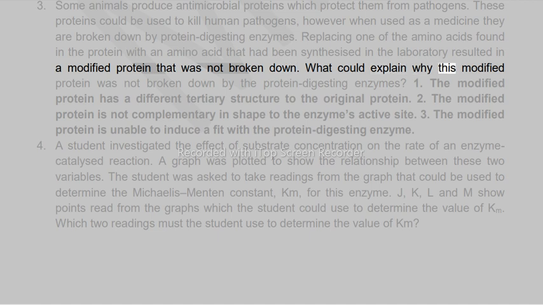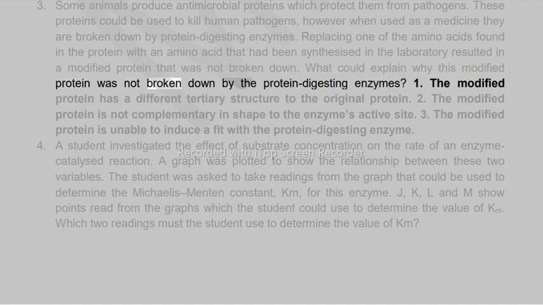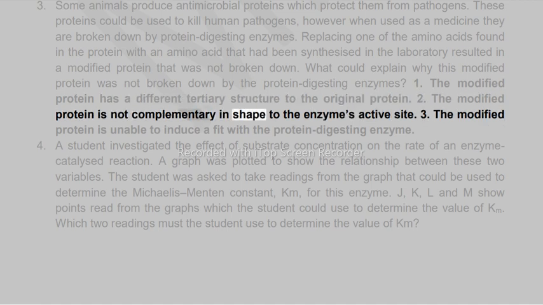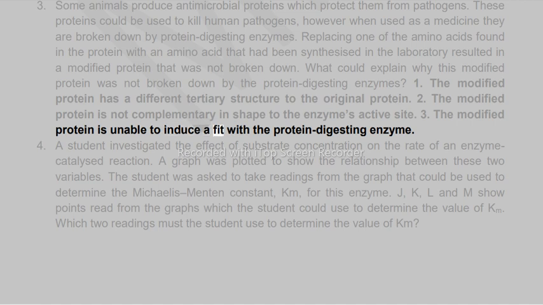What could explain why this modified protein was not broken down by the protein-digesting enzymes? 1. The modified protein has a different tertiary structure to the original protein. 2. The modified protein is not complementary in shape to the enzyme's active site. 3. The modified protein is unable to induce a fit with the protein-digesting enzyme.